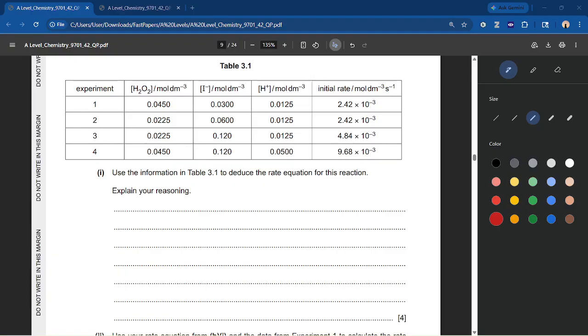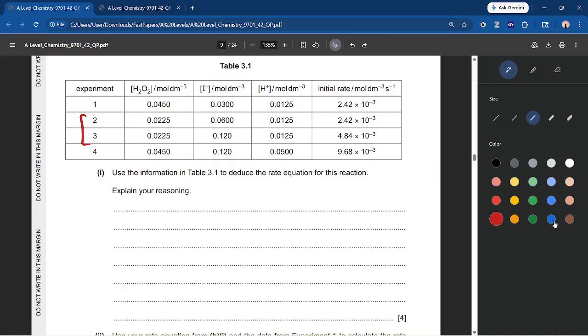So we're going to have to take a look at what happens to the rate whenever we add different concentrations of hydrogen peroxide, iodide, and hydrogen ions. So let's take a look at the table. We can see that for experiment 2 and experiment 3, our hydrogen peroxide is the same, and our hydrogen ions are also the same.